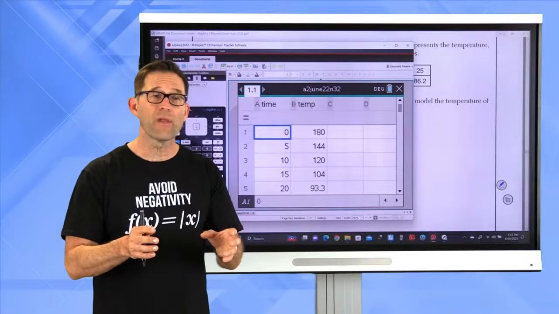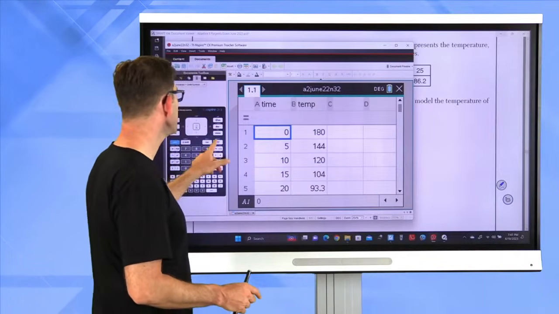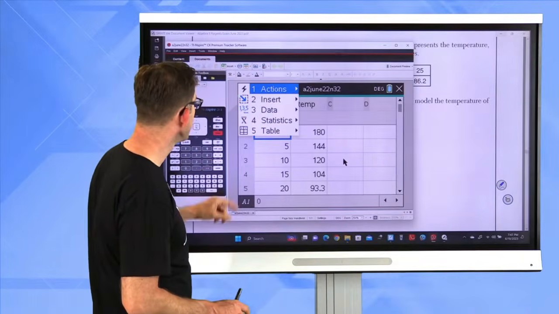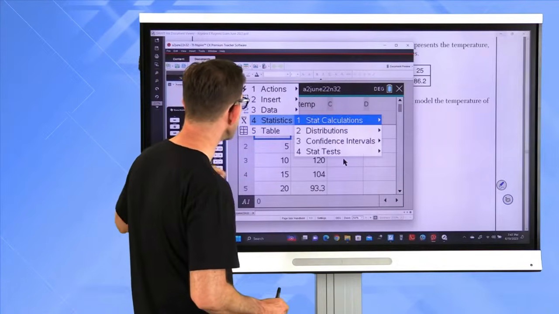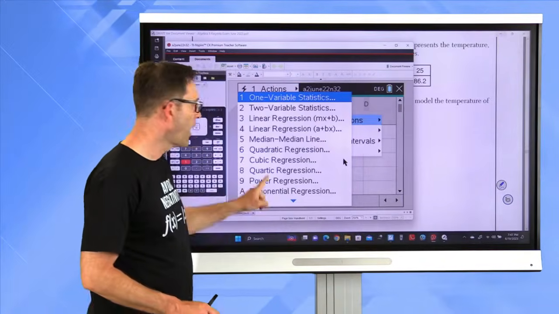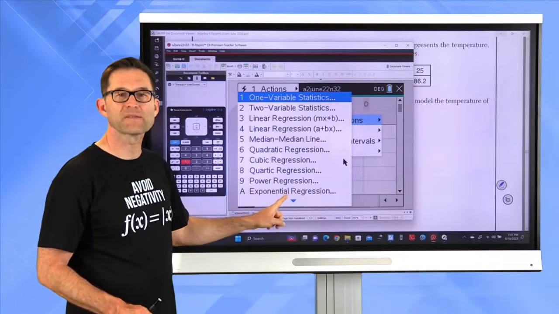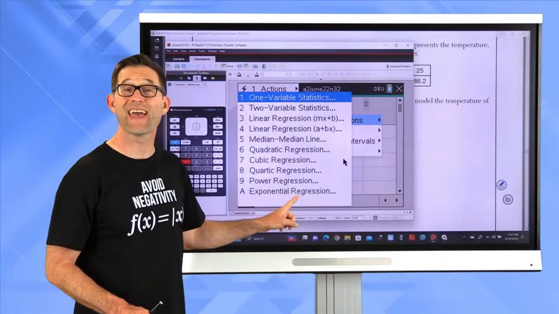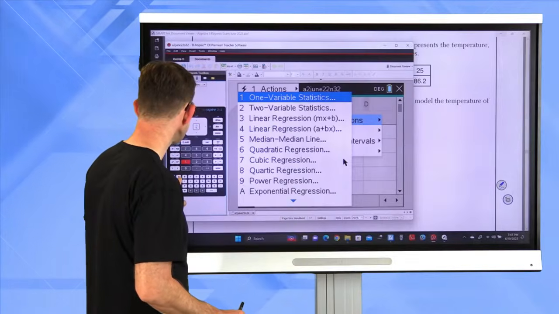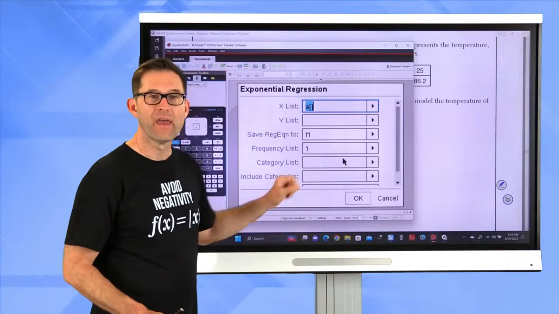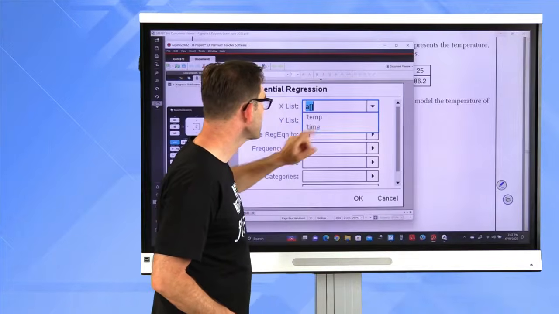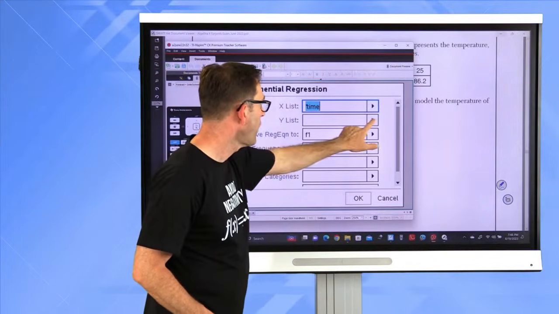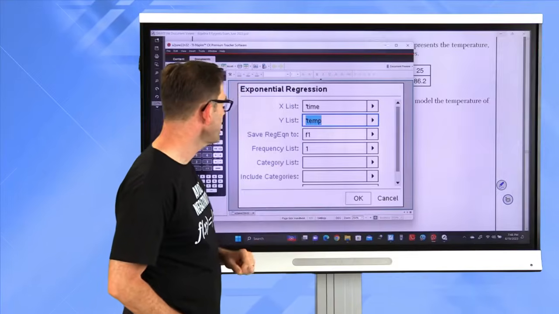Once you have all that data in, then at least on the TI Inspire, I'm going to go to Menu, Statistics, Statistical Calculations, and what I want is way down here, exponential regression, choice A. So I'm going to choose that. It asks me for an X list, and for my X, I want my time. My Y list is the temperature of my coffee.